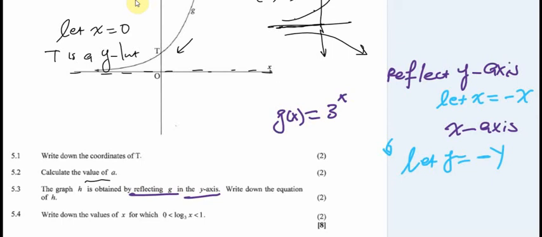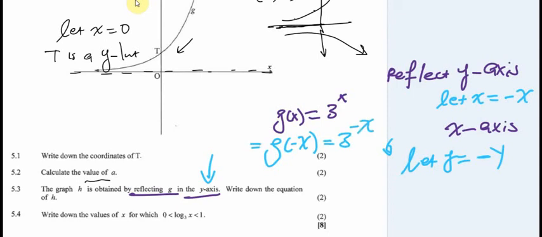So what we're going to do here, we are reflecting about the y-axis, so we're going to let x equal negative x. So we're going to have g of negative x be equal to 3 to the negative x.